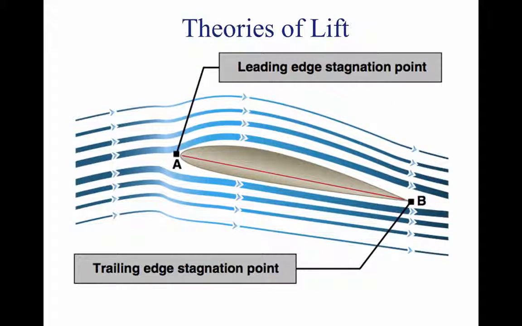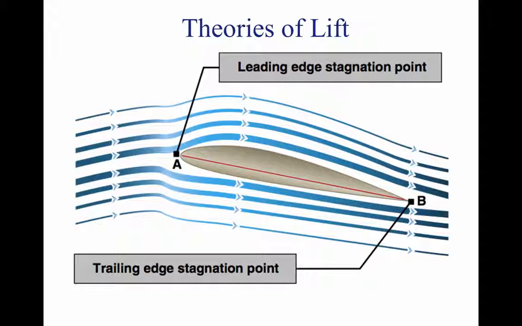As shown above, at point A, a stagnation point exists where the airstream impacts on the front of the airfoil's surface and splits. Some air goes over and some under. Another stagnation point exists at B, where the two airstreams rejoin and resume at identical velocities. When viewed from the side, an upwash is created ahead of the airfoil and downwash at the rear.